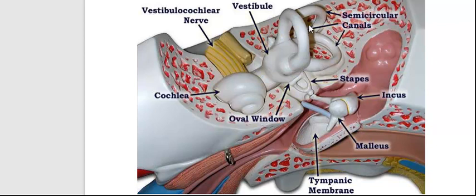So this helps you with your balance, and it helps you know which end is up, basically, truthfully. So the vestibulocochlear nerve is going to be involved with hearing and with balance.